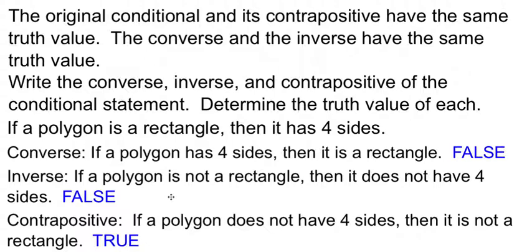Well, picture a polygon that doesn't have 4 sides. Might have 3, might have 8, whatever. No matter what other number of sides it has, if it doesn't have 4 sides, there's no way in this world it can be a rectangle. Because rectangles have to have 4 sides. So that statement, the contrapositive, would be true.